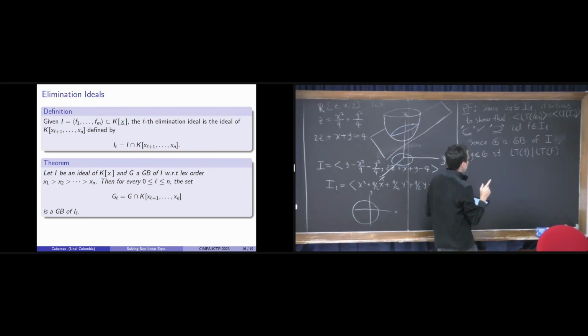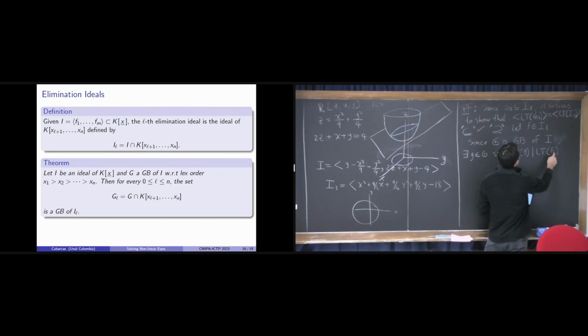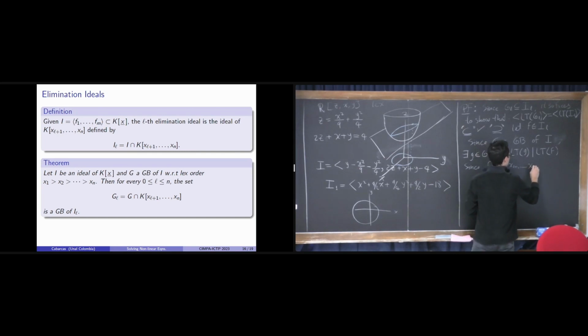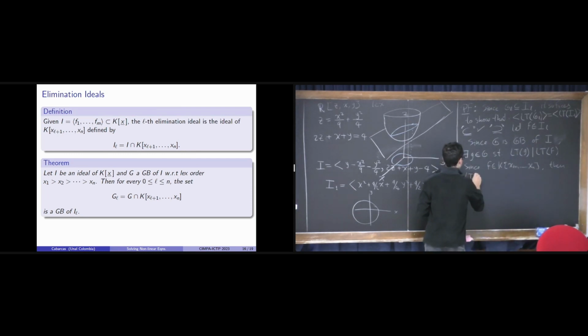Now, the thing is that F is an element also in I sub L. Since F is an element written in just the last variables, x L plus 1 up to x n, then every term is written in these variables, in particular its leading term.